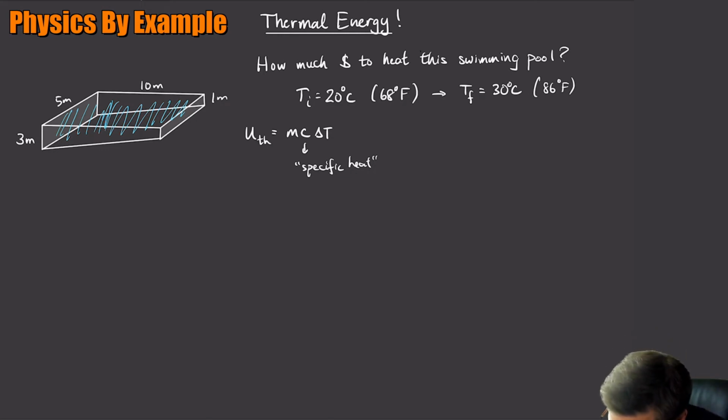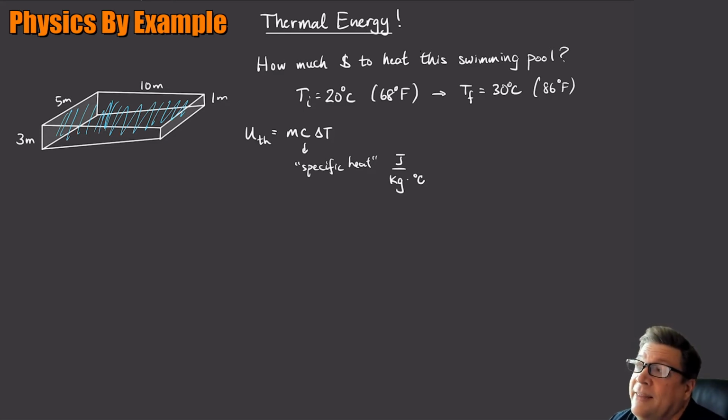So this has to be in units of joules per kilogram per degree Celsius, or Kelvin, because 1 degree Celsius is 1 Kelvin. Anyway, it's the energy you need to change 1 kilogram of something by 1 degree. That's the specific heat, and it's different for every substance. Usually this is something you look up in a table or a book.